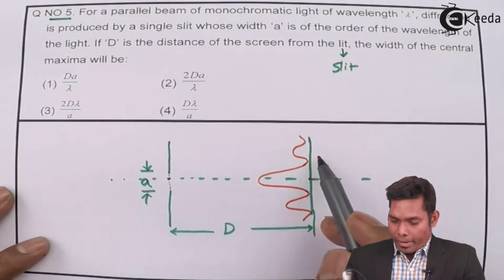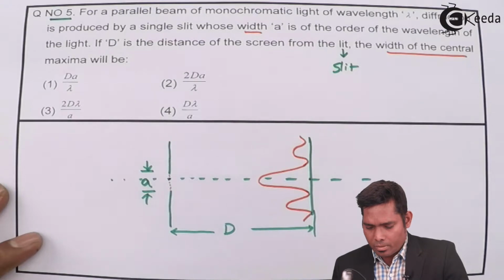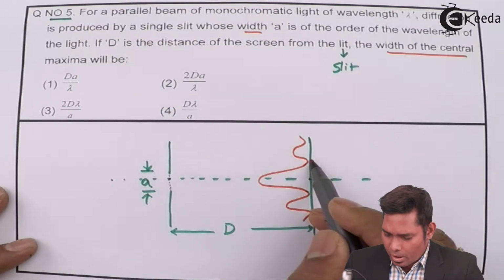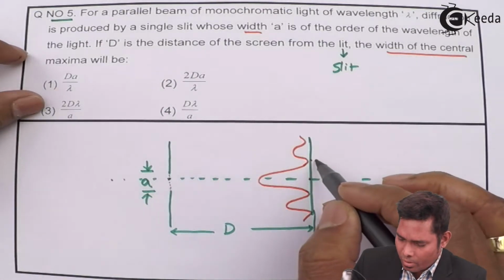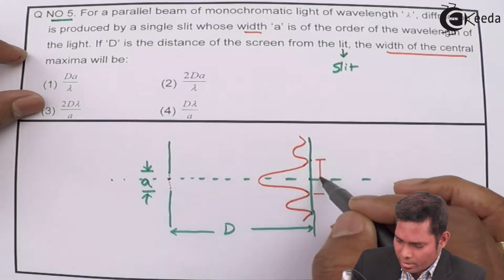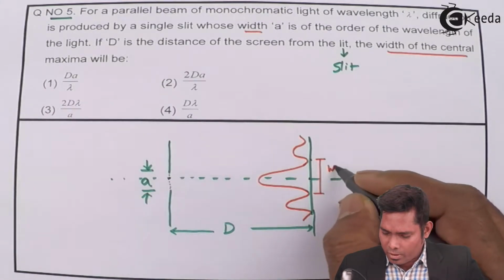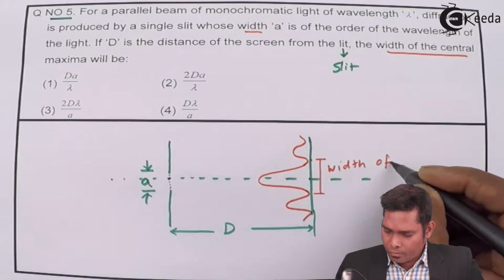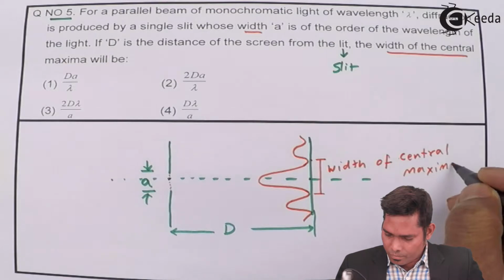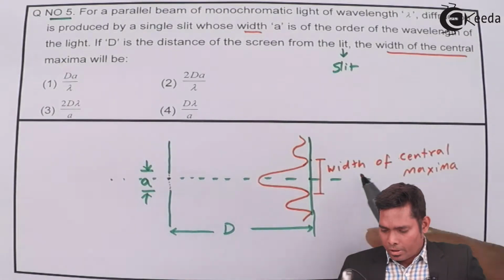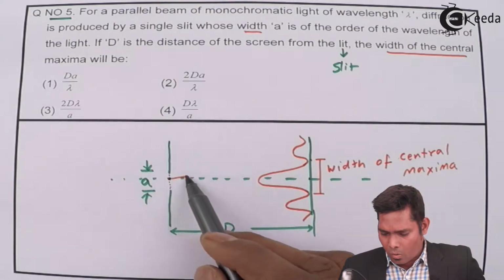Now the question is to find the width of central maxima. The width of central maxima means how far this central maxima is spreading along this length. This length is known as the linear width of central maxima. Or we can also measure from the center of the slit what angle it produces.